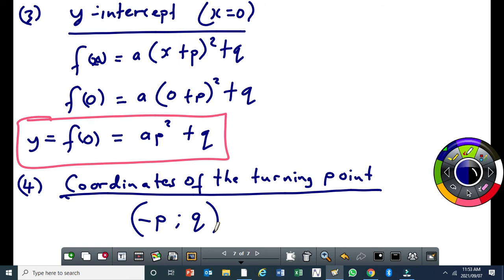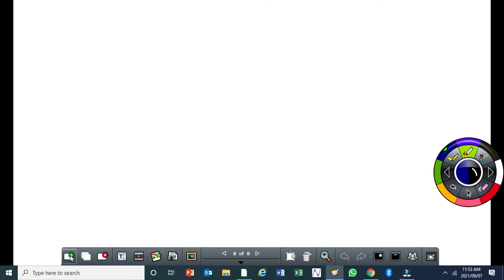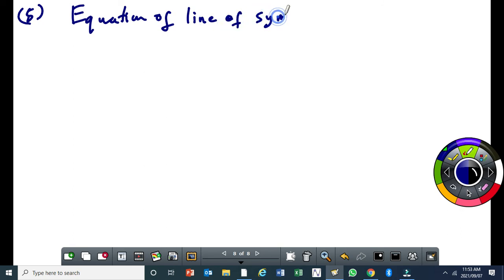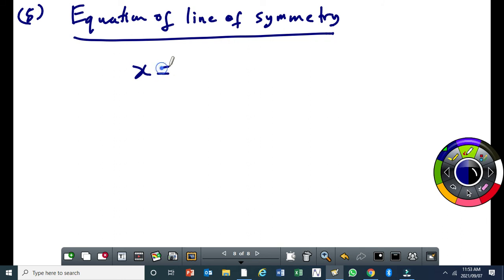Then number 5, equation of line of symmetry. The equation of the line of symmetry is going to be x equal to minus p.